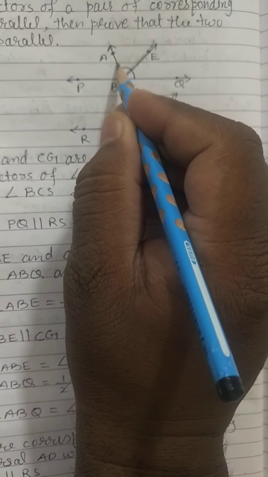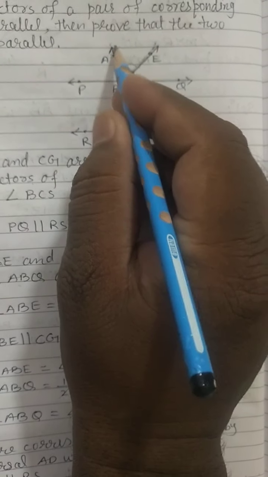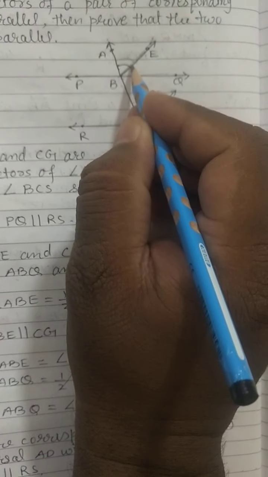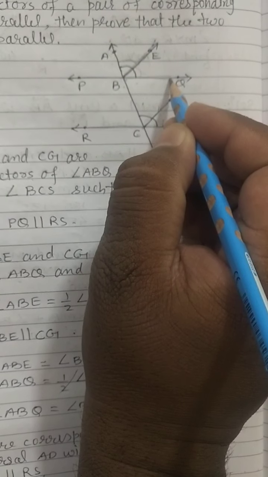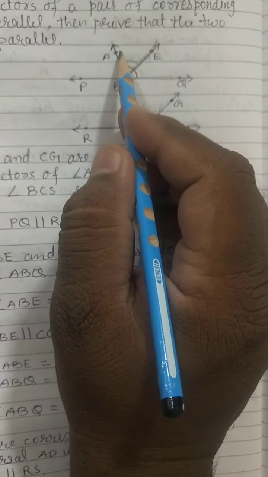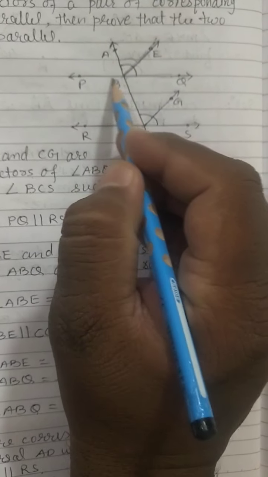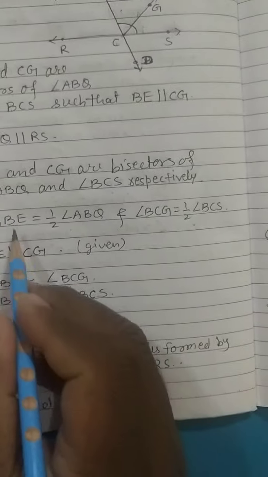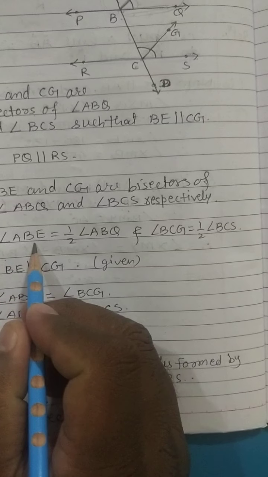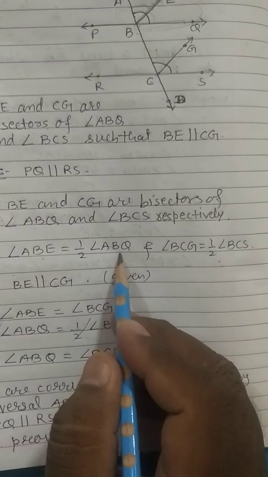So this angle is exactly half of the whole angle. So I can write angle ABE is equal to half of ABQ. Check that.